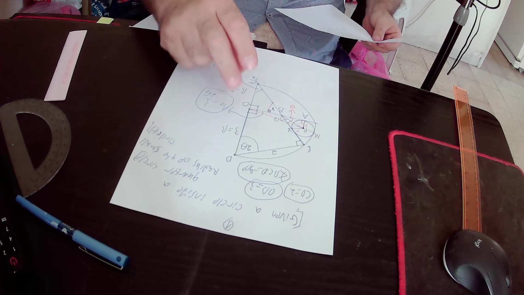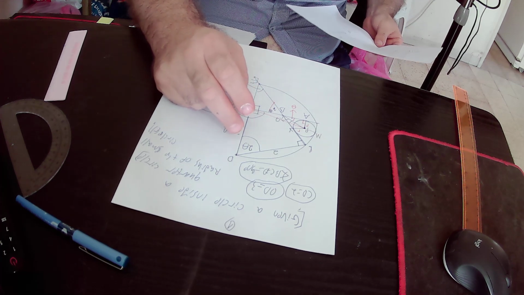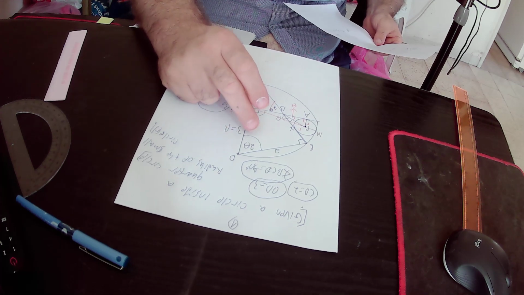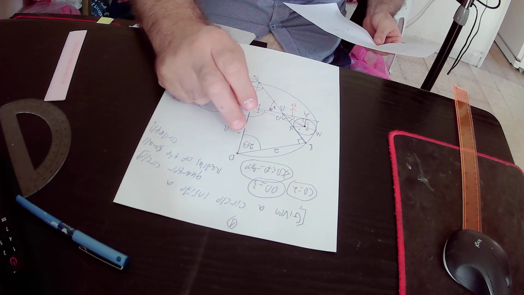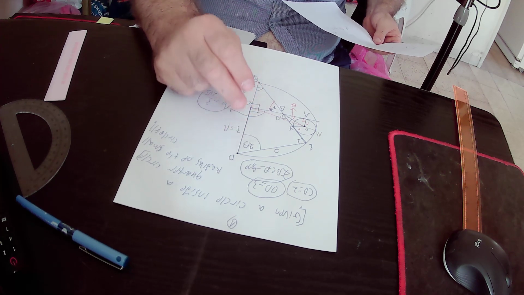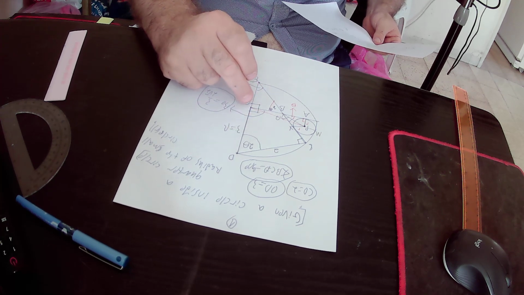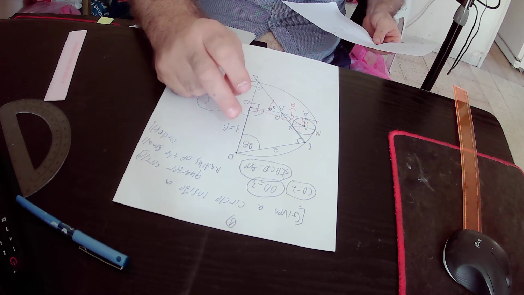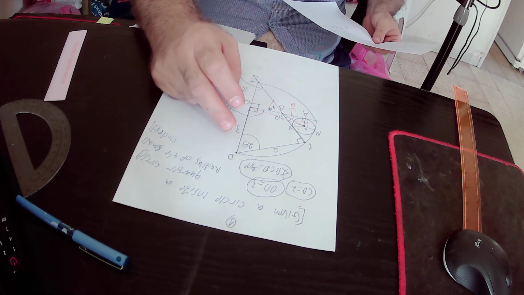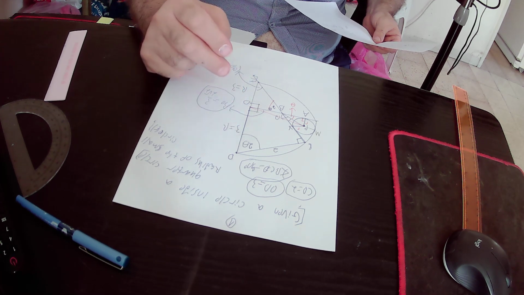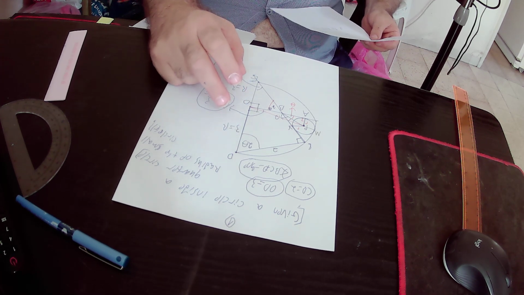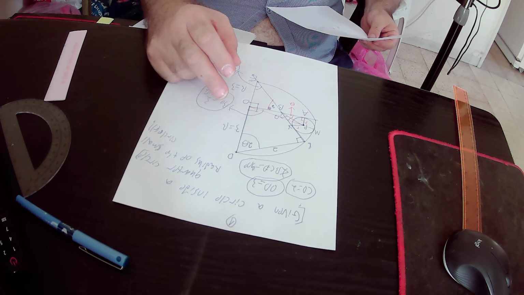In the first time we have this quarter circle, and OD is the radius of the quarter circle, and we found out that DE is the diameter of the semicircle.